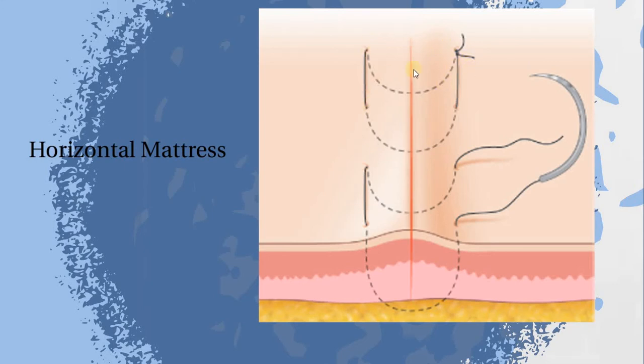So you have 4 points, 1, 2, 3, and 4, and then you tie the suture here when you start it. So this is horizontal mattress. This is used for a large or wide area of incisions to be covered. We are using the horizontal mattress.